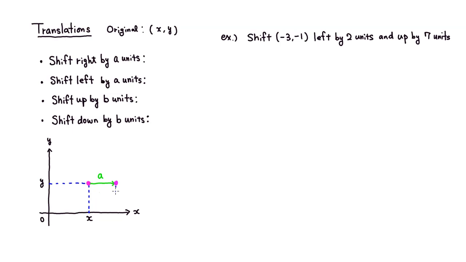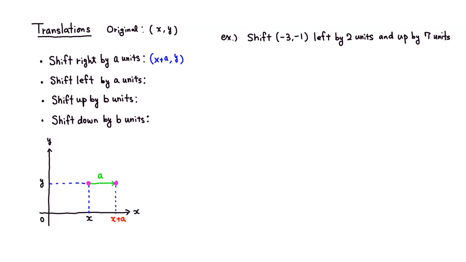So the new x coordinate is going to be x plus a. The only thing that changes is the x coordinate, which is increased by a. So you have x plus a, but the y coordinate stays the same.